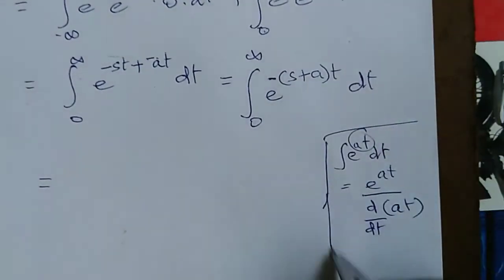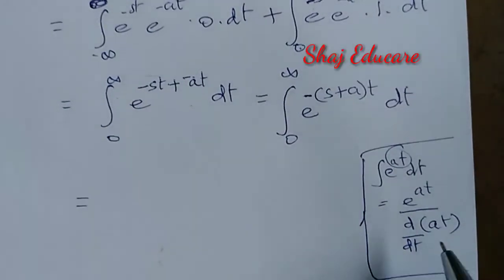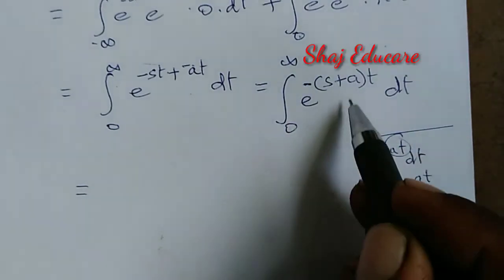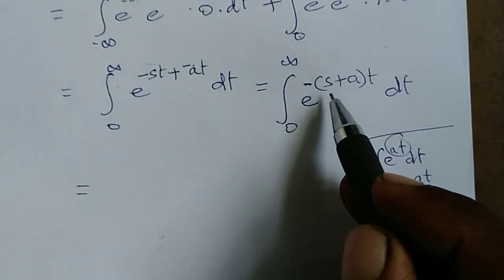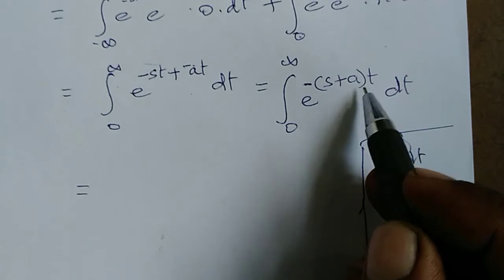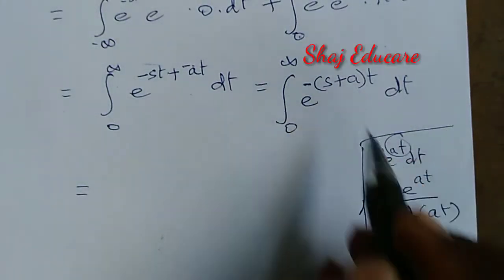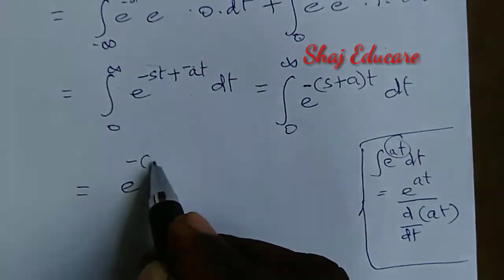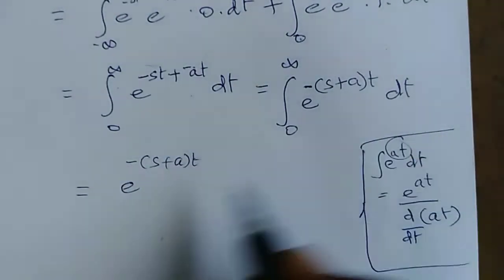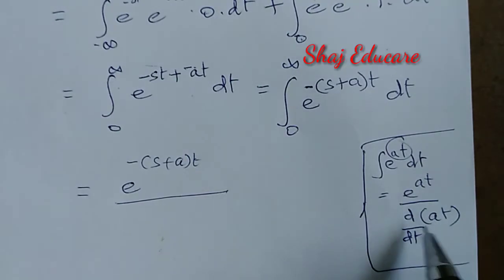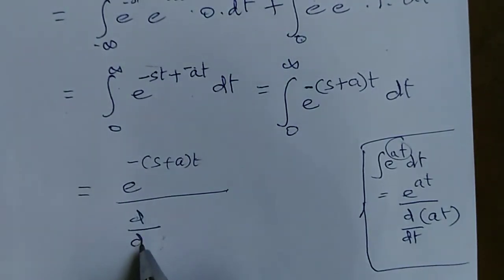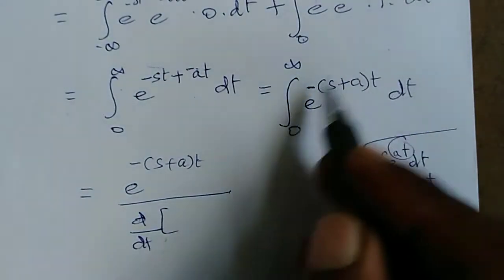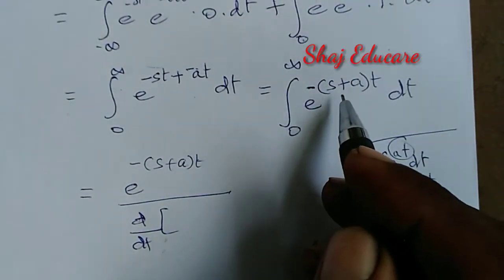Now let us apply this formula for integration here. In place of at, here we have e raised to minus s plus a into t. If we apply this formula, I'm getting e raised to minus s plus a into t itself divided by d by dt of what is in the exponent.